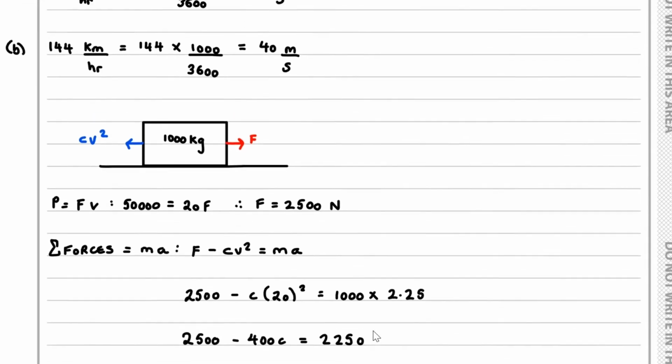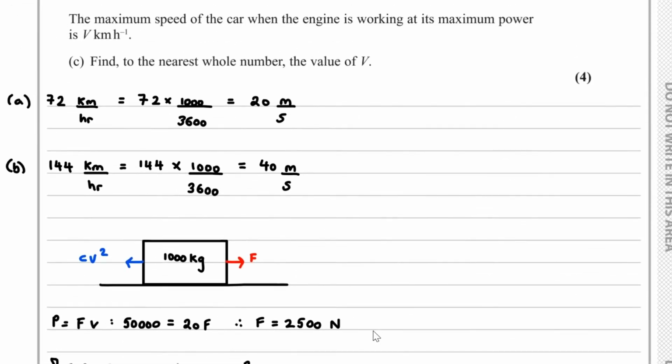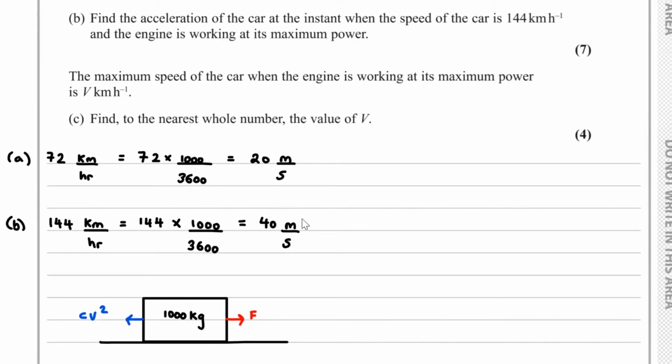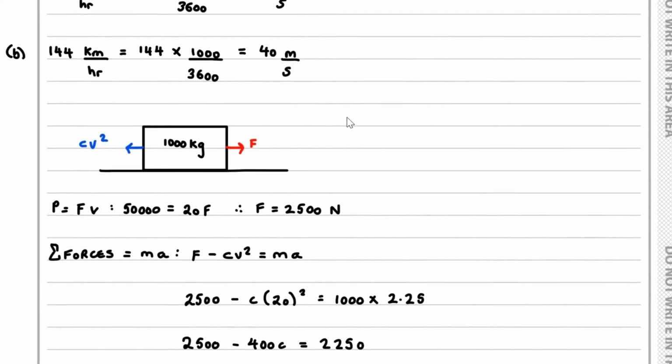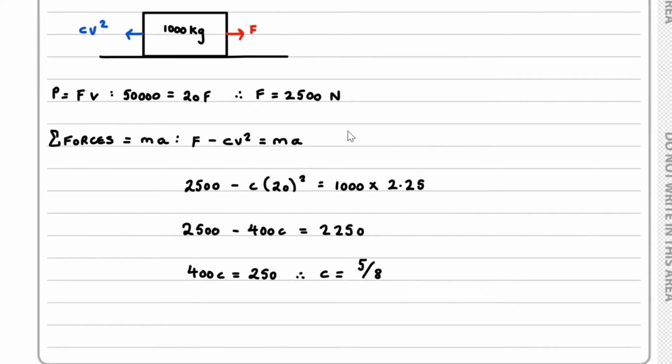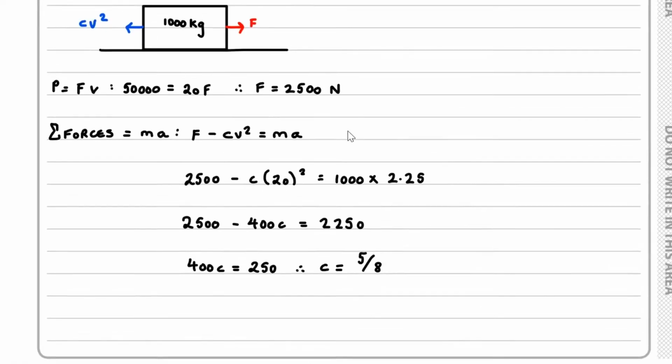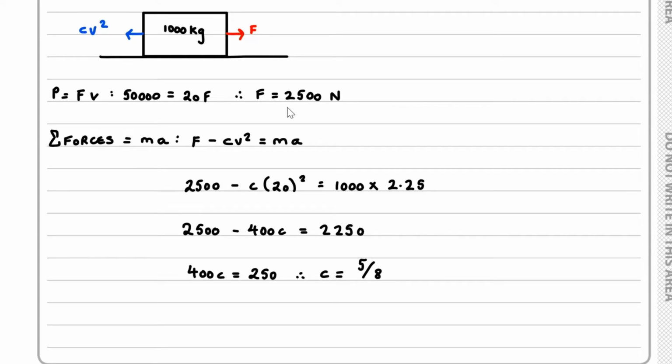Now what we need to do in this question is find out the acceleration when the speed is 144 kilometers per hour and the engine is working at its maximum power. Well, what we can do over here is find our new force, and from that find out the acceleration using Newton's second law.